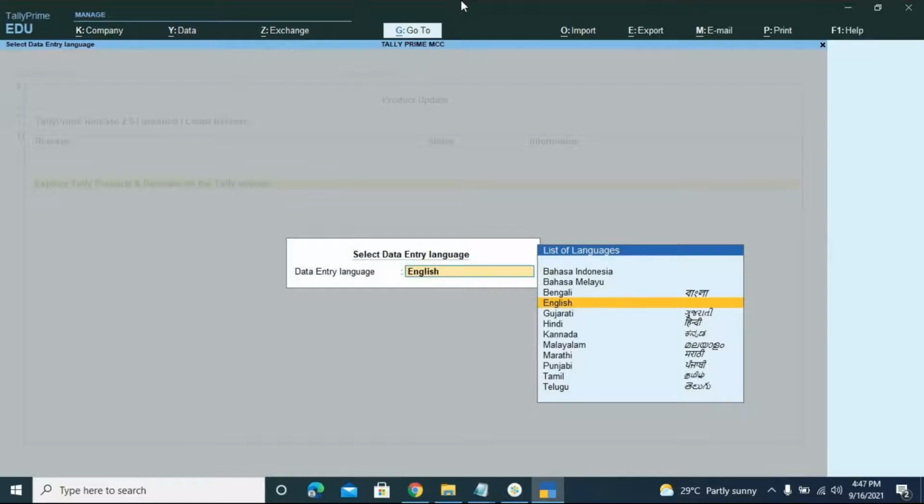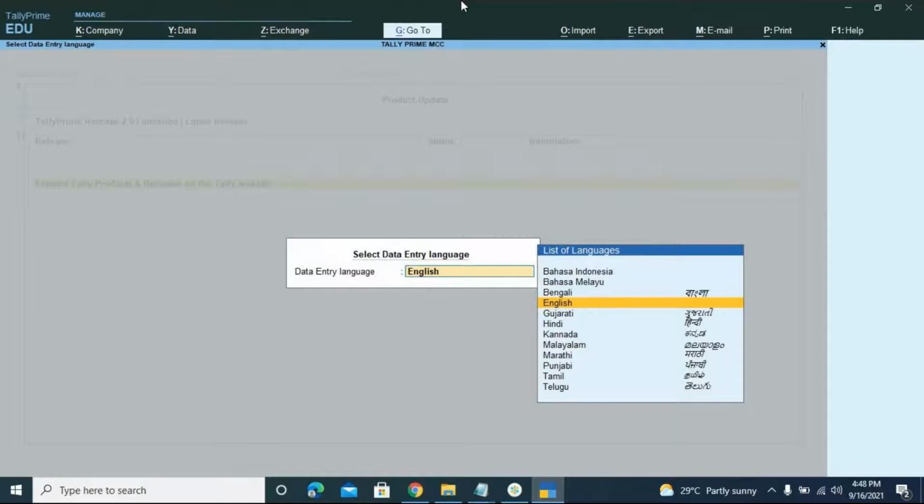So we have Indian languages such as Bengali, English. English, of course, is the official language. So apart from English, we have Bengali, Gujarati, Hindi, Kannada, Malayalam, Marathi, Punjabi, Tamil, and Telugu. So here the user can choose the language through which he can pass the entry.